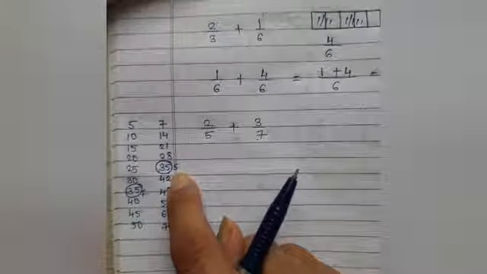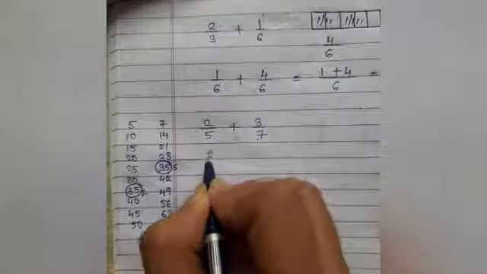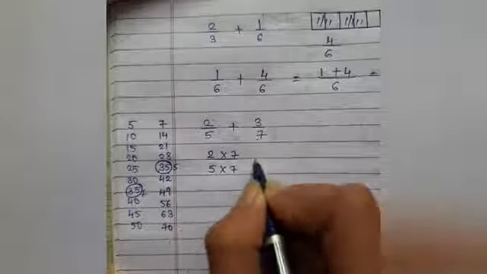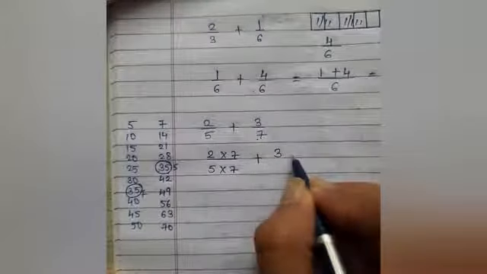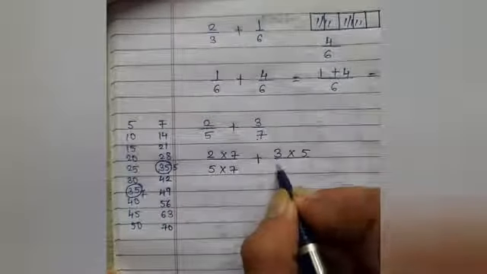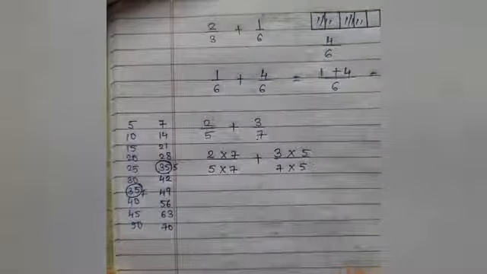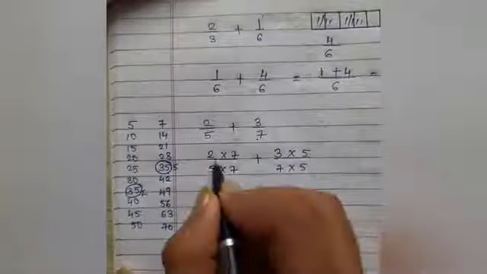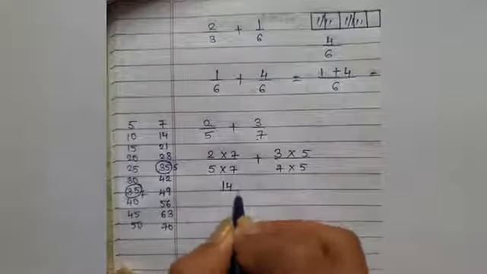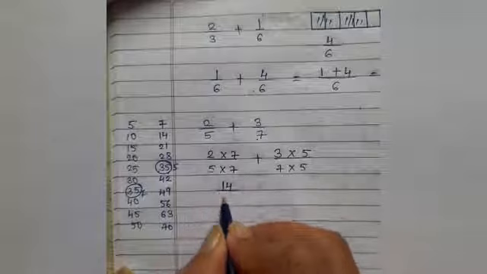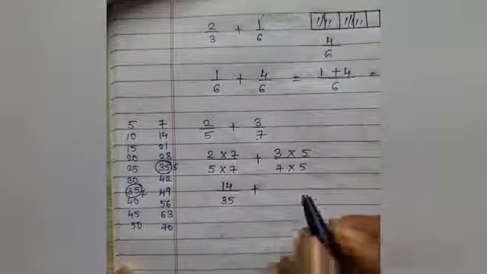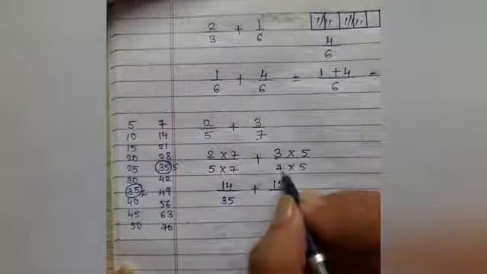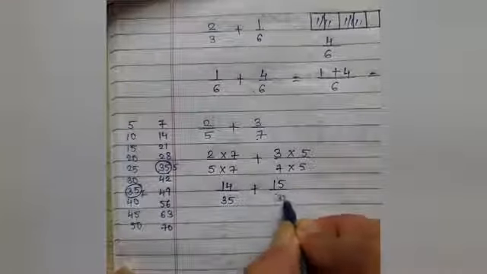So the fraction will be carried as 2 into 7 upon 5 into 7 plus 3 into 5 upon 7 into 5. Now we are going to carry out the equation. 2 into 7 is 14 upon 5 into 7 is 35 plus 3 into 5 is 15 upon 7 into 5 is 35.